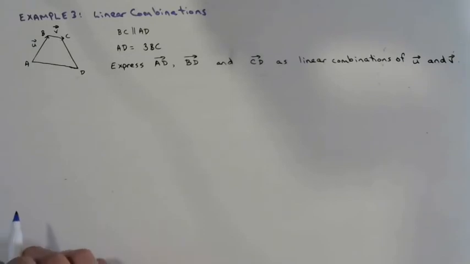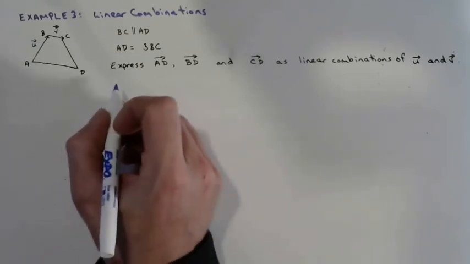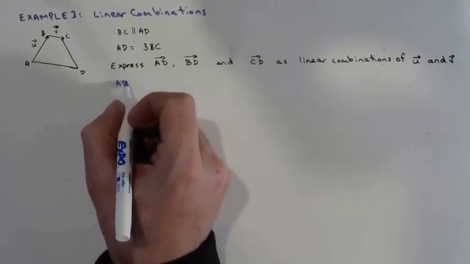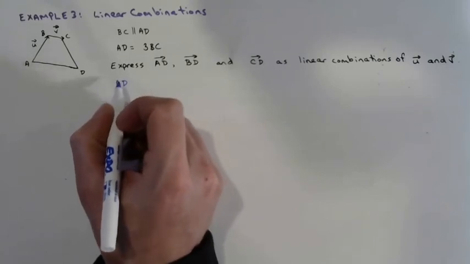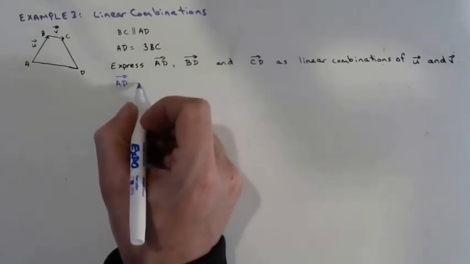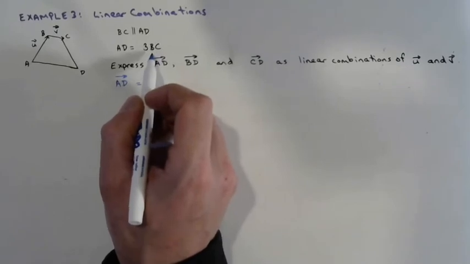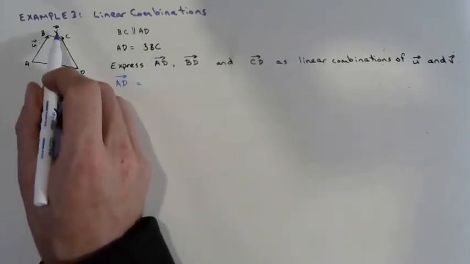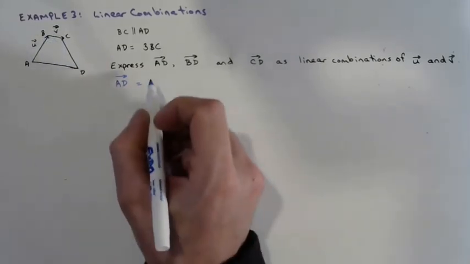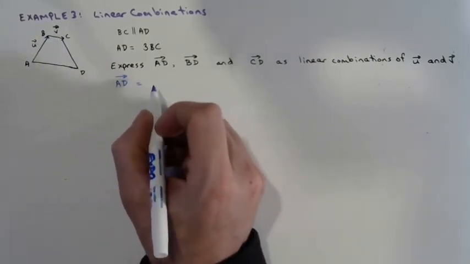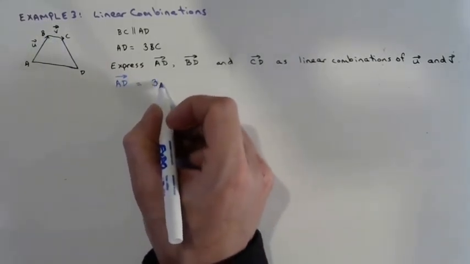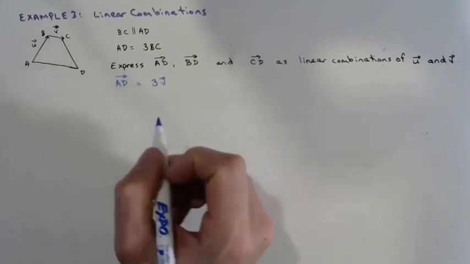We'll start with the line segment AD, because we already know that AD is 3 times BC, so it's 3 times the length of BC, and we are told that BC is the same as vector V. So we're going to go ahead and express AD as 3 times the vector V.